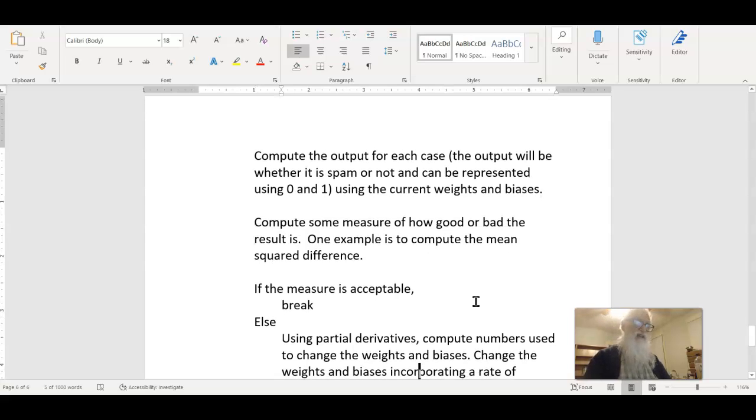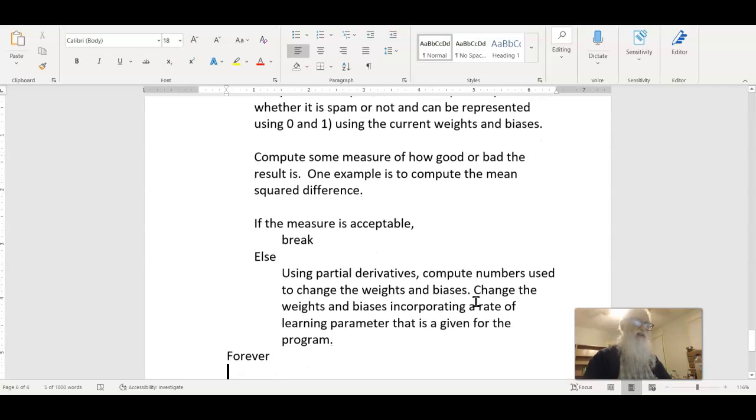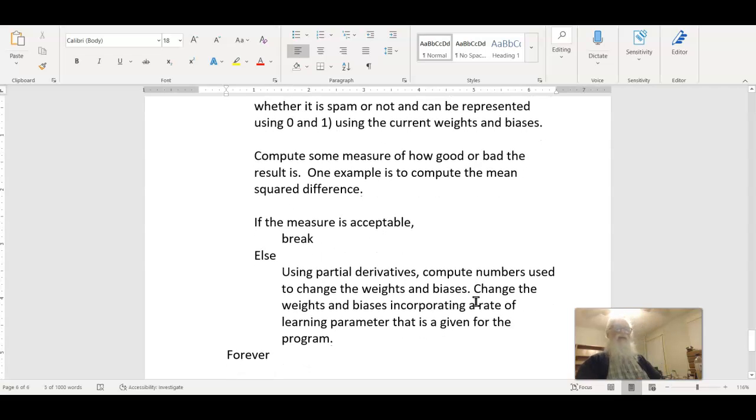Then the question becomes, how in the world do you improve the guessing? How do you make it better? You can't just go at random. There are lots of possible numbers for the weights and the biases. We can't just pick them out of midair. We do to start with.